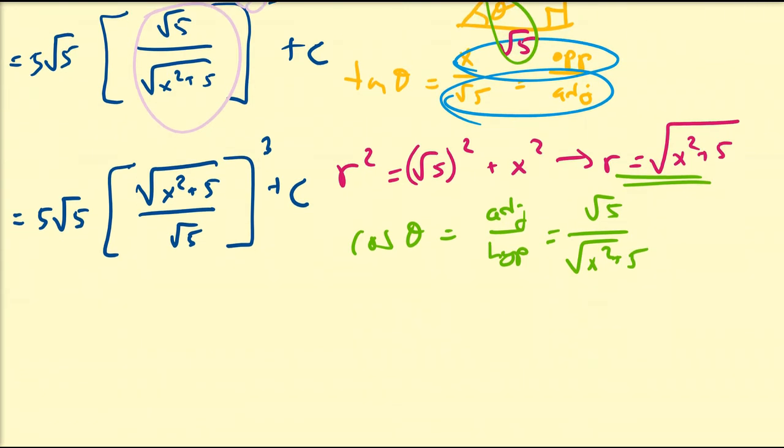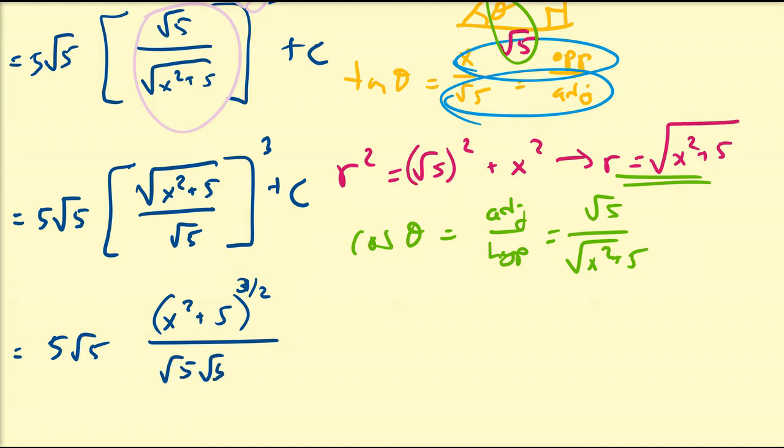And I'm going to express my square root in terms of an exponent. So that's going to be 5 square root of 5 times x squared plus 5, all raised to the 1/2. And that's actually going to be a 3/2 since it's going to be cubed. And the bottom is just the square root of 5 times the square root of 5 times the square root of 5, since it's the square root of 5 cubed. So notice that the square root of 5 is going to cancel with that.